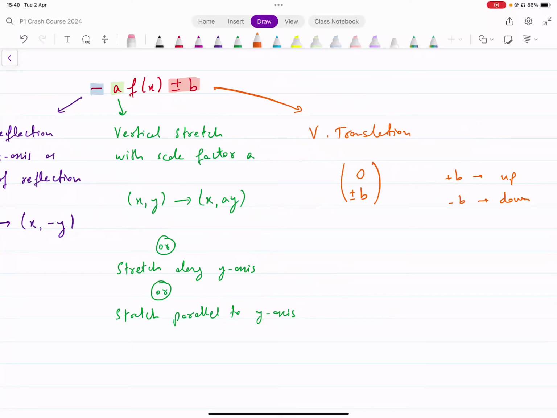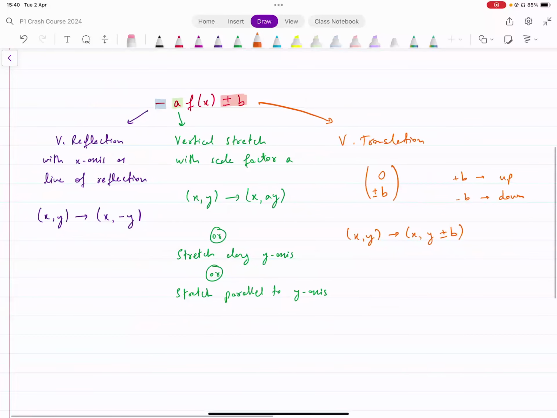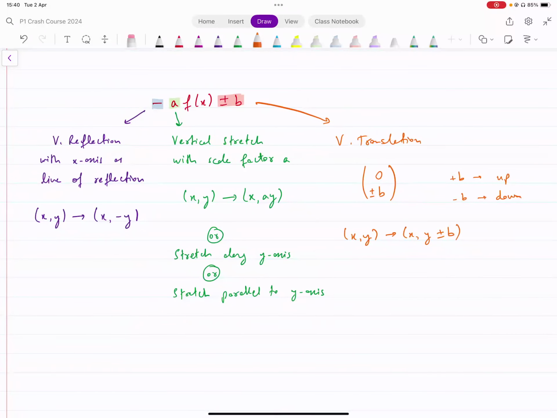Is that okay? And in this case, if you had x, y coordinates, what happens to them? X coordinate remains the same. And the y coordinate, you have b added or subtracted depending on whatever that number is. This is what the coordinates end up being. So this is the summary of the vertical transformations that we have.